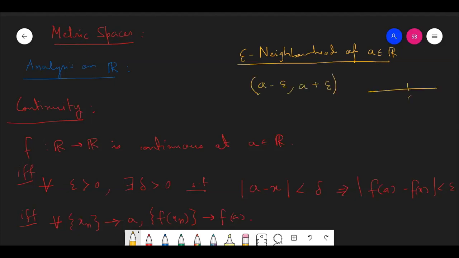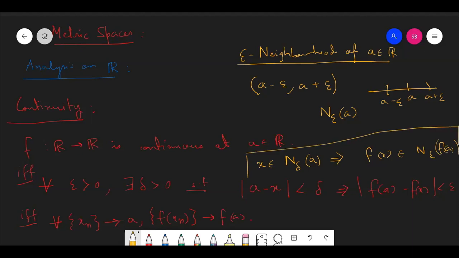If this is A, we take all the points whose distance with A is less than epsilon. So that is the epsilon neighborhood of A. This is our notation. So here you can use the notation that if X is in delta neighborhood of A, this implies that f of X is in epsilon neighborhood of f of A. So this is how we can use the notation of neighborhood.